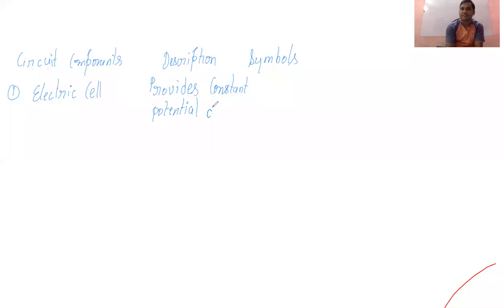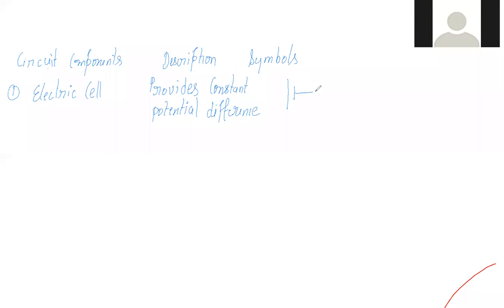This provides the constant potential difference. And the electric cell is just like this. The bigger line is positive and the smaller line is negative. Now it is visible to all of you.